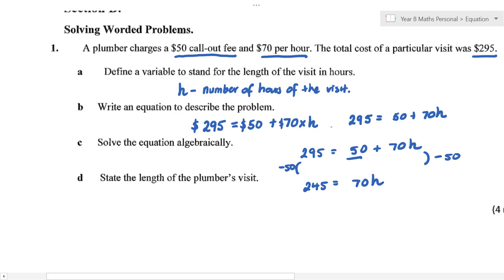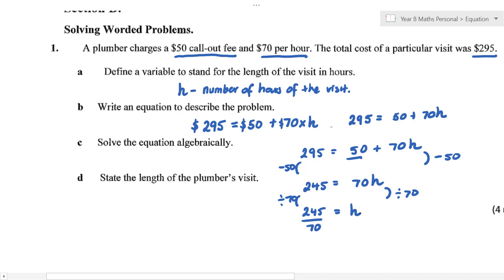Now, what we have to do now, Ruby? Divide by 70, absolutely, well done. Okay, divide by 70. Now, as it turns out, when I do 245 divided by 70, 70 divided by 70 is just 1, so we're left with H.